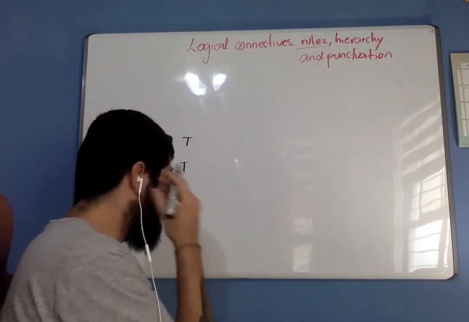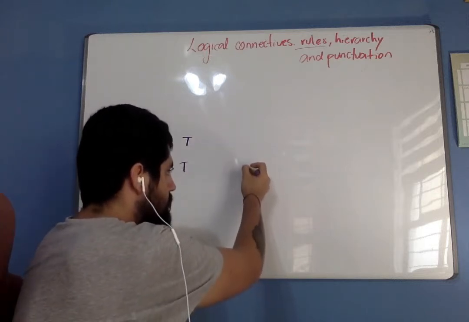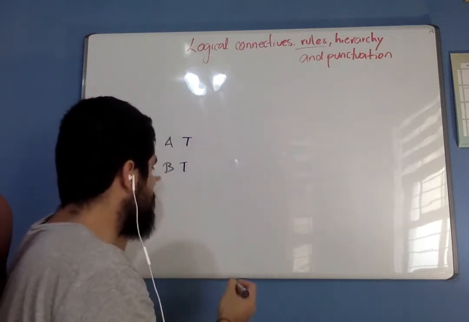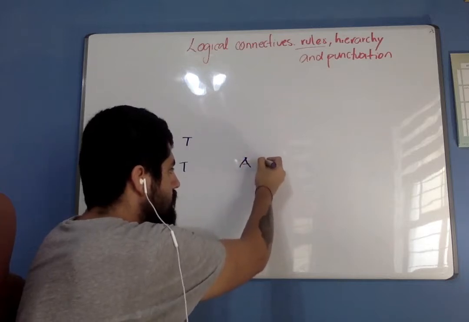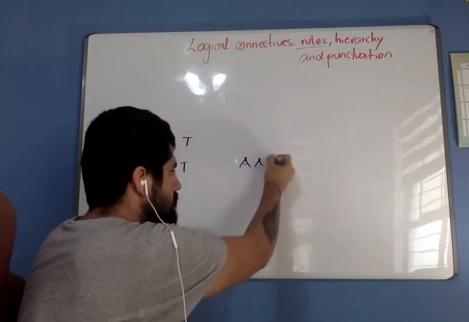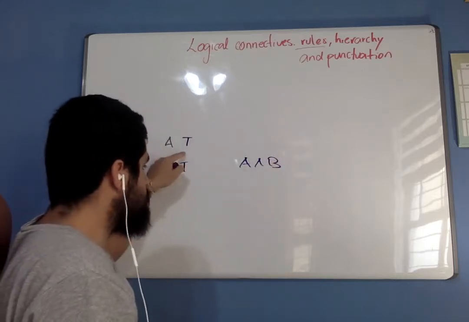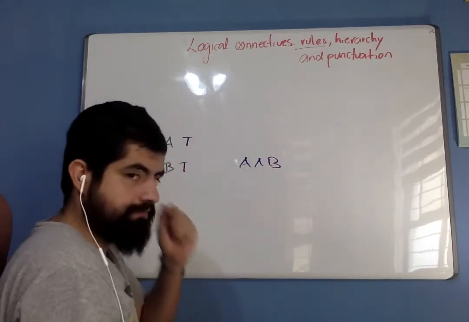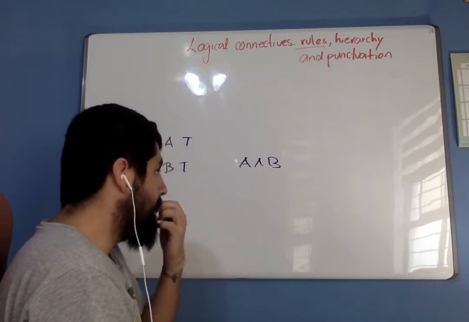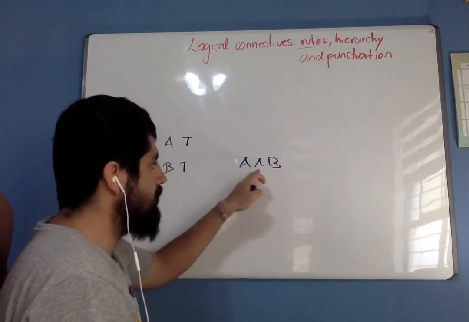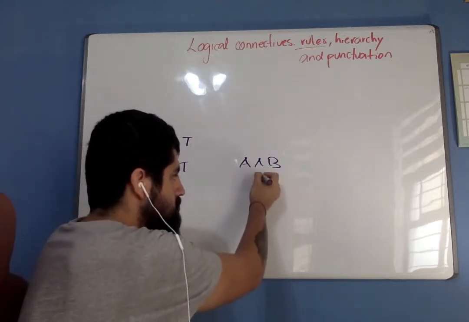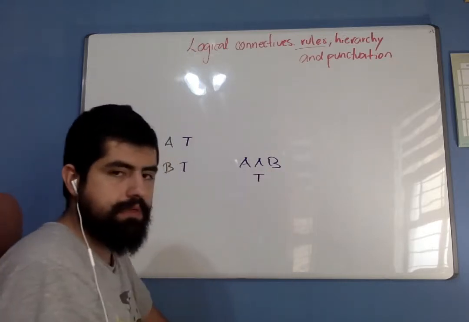So for example, if I ask you to determine the conjunction between A and B, you are going to say, okay, the conjunction between A and B is A conjunction B. I know that A is true and I know that B is true. Easy, right? If A is true and B is true, the conjunction is going to be true, as simple as that.